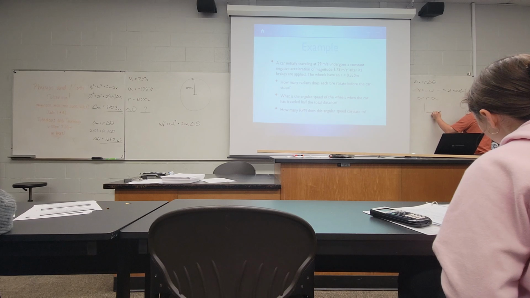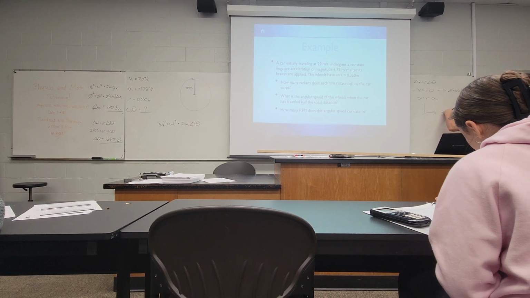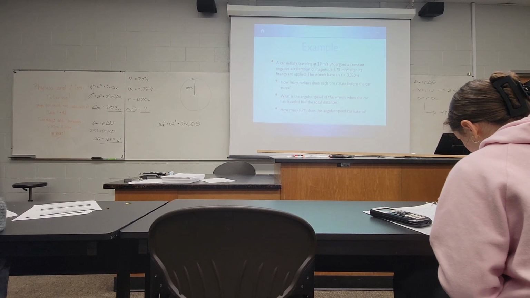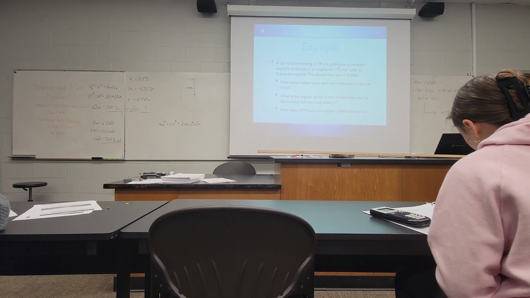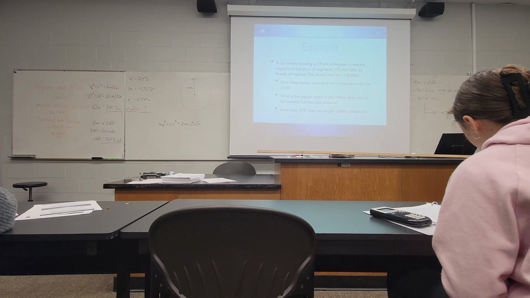Meanwhile, if our linear acceleration was a negative 1.75, that would be equal to radius times angular acceleration. So we can figure out omega I and alpha to put into our other formula.